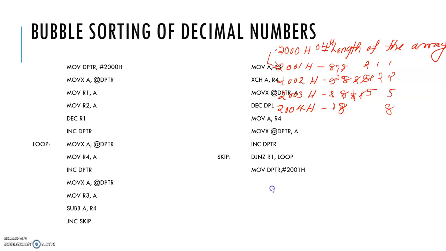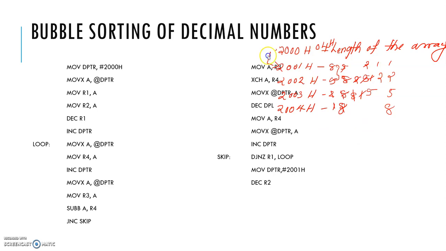So this loop should execute 4 times, that is till the length of the array. Whatever length you enter, that many times the loop should execute. The next thing, with the first number, now you will get the smallest number here, and when iterations between two numbers are done, we initialize the DPTR to the first number.